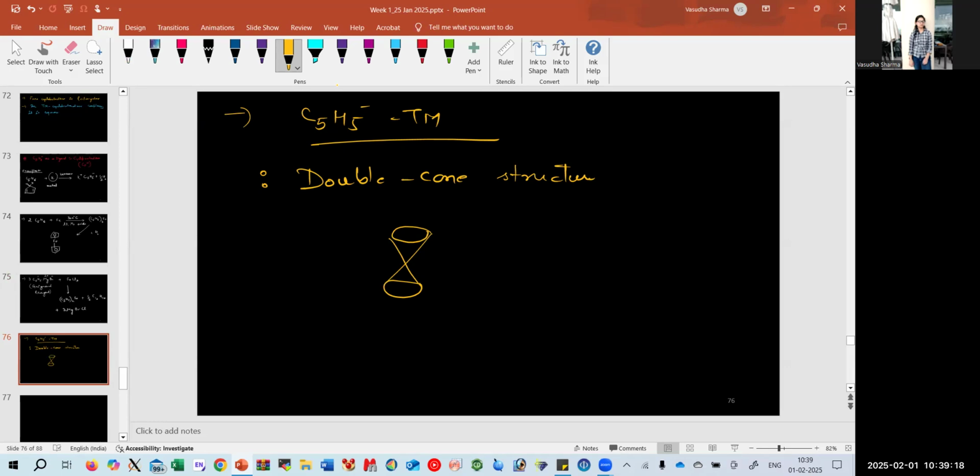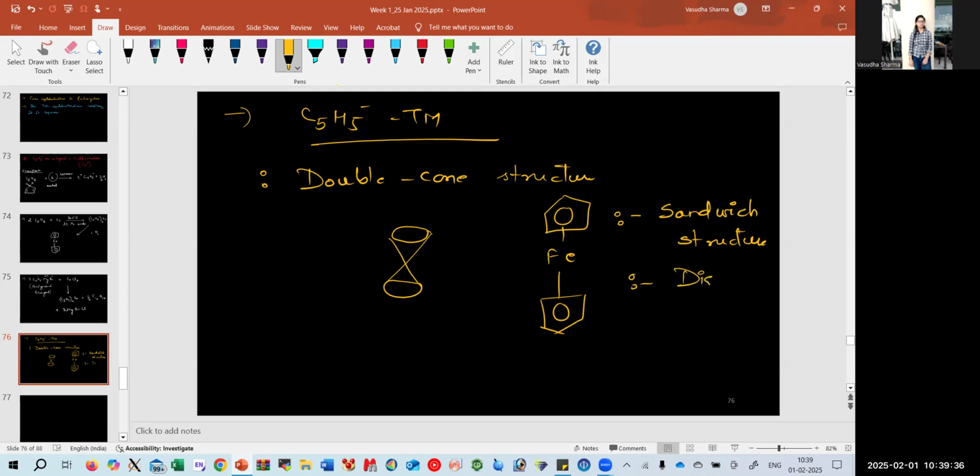So the sandwich complexes, meaning if we have FeCp whole twice, this is a sandwich structure. It has no magnetic properties because it is diamagnetic. And since it is diamagnetic, the dipole moment is 0. Whatever the dipole is on this side gets cancelled from the other side.